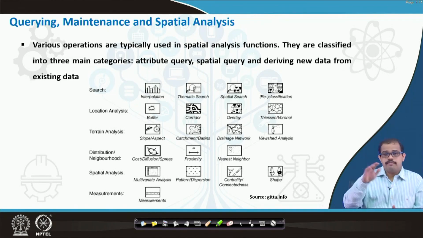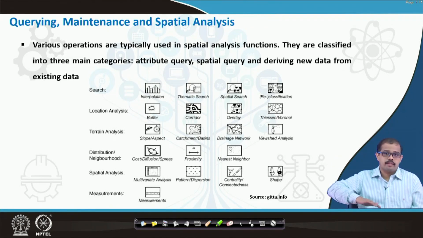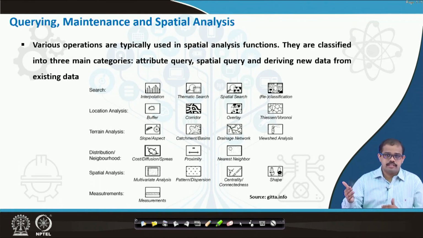You say, if the slope is greater than so and so, this has to be a threshold. So that kind of analysis can be done. If the slope is greater than this, then threshold this region, only this region can be used for certain kinds of developments. Then distribution or neighborhood functions like cost, diffusion, spread, and proximity.